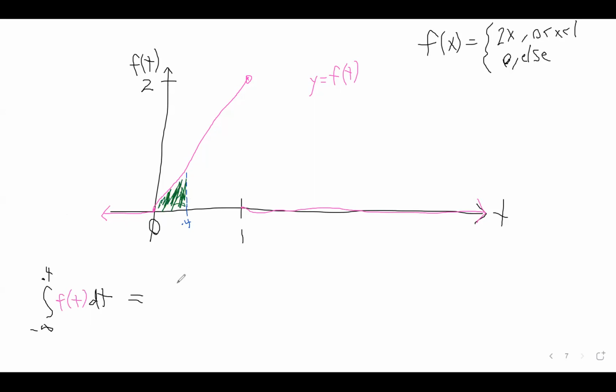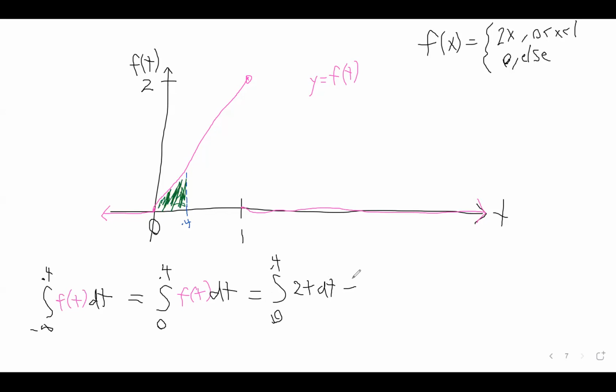And so that's the definite integral from 0 to 0.4 of f of t dt, by how we defined it. And f is defined as 2x there, so with dummy variable t, this is the definite integral from 0 to 0.4 of 2t dt.